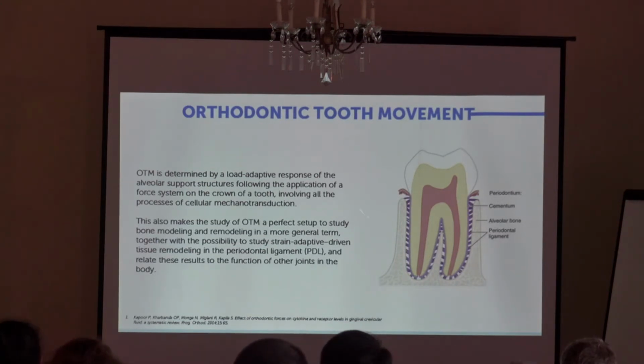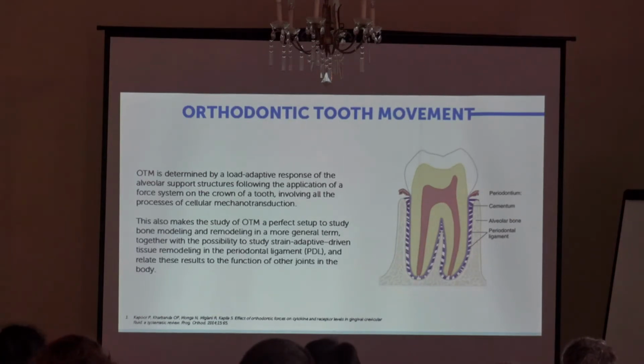So we have a lot of fibers here that form the periodontal ligament that acts like a cushion to absorb the very high load that we have during the mastication. And also, orthodontic tooth movement is a very nice setup to study bone remodeling in general.